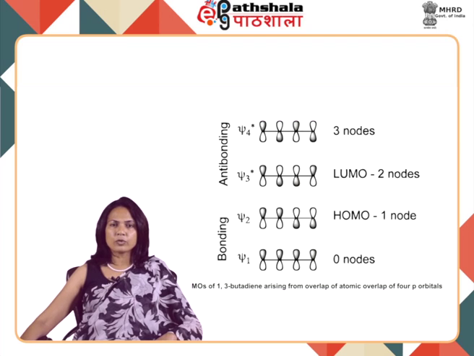Here the MOs are arranged in increasing order of energy. As can be seen, as the number of nodes increases in a MO, its corresponding energy will increase. Thus, the MO psi1 has the minimum energy and is without a node.